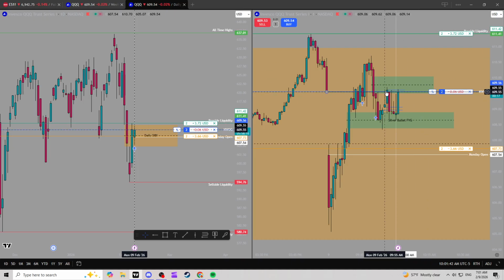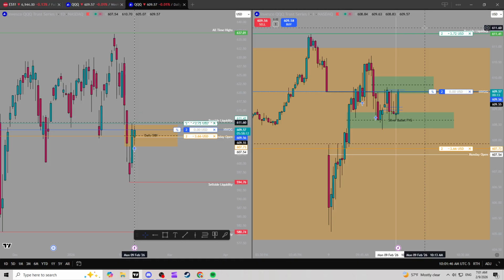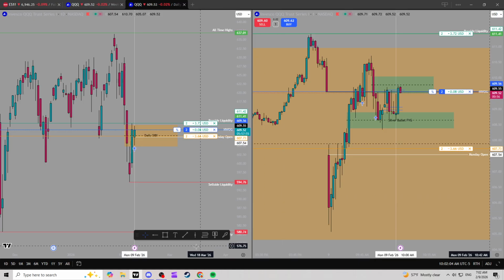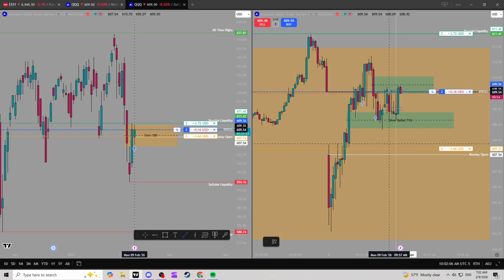Okay, now we're touching this volume imbalance. Like I said, we want to get to this black line and push past it with good strength. Great candle closure right there. So now we're going to be wanting to see this volume imbalance be referred to as a bullish PD array.